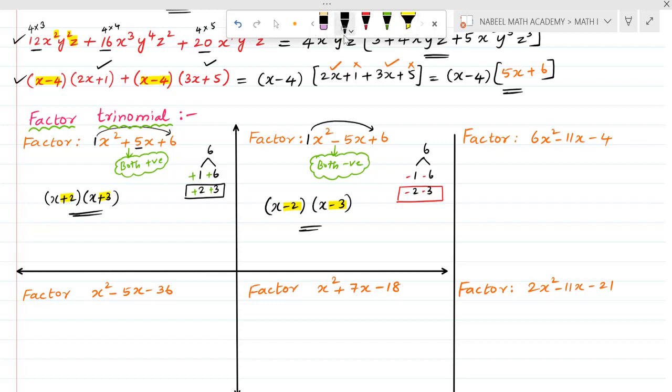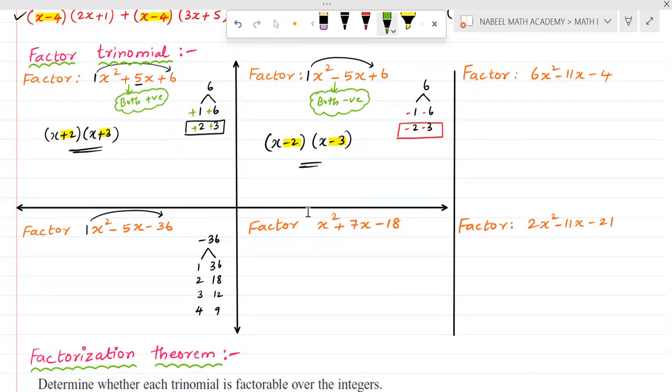Now the next one we have here, the leading coefficient is 1 and multiply with 36. So it is minus 36 you will have. Now write all possible multipliers of 36. 1 into 36, 2 into 18, 3 into 12, 4 into 9.